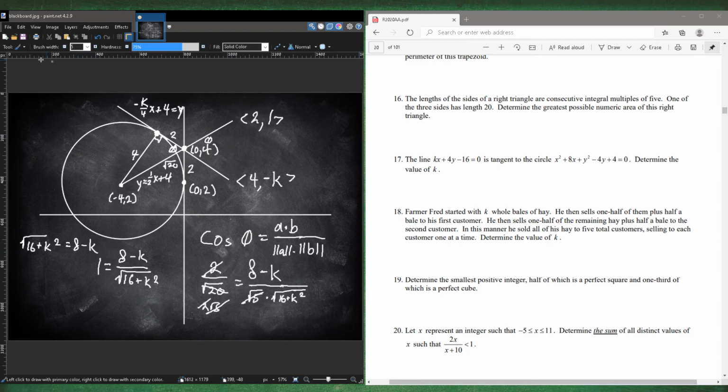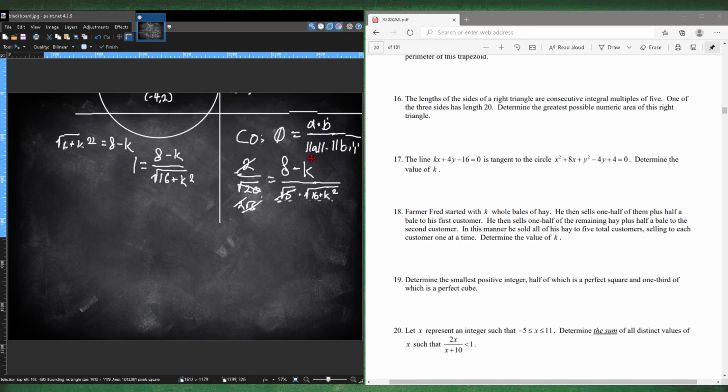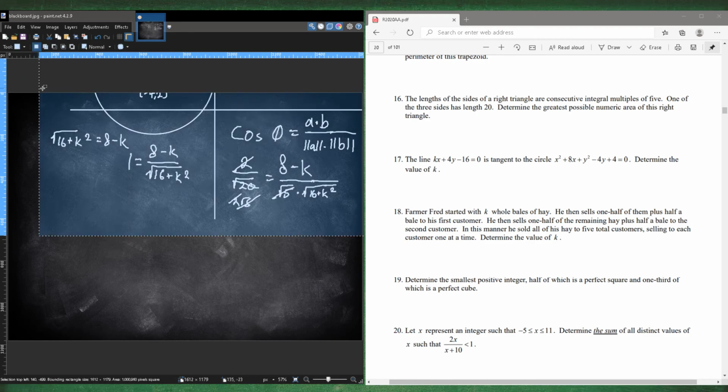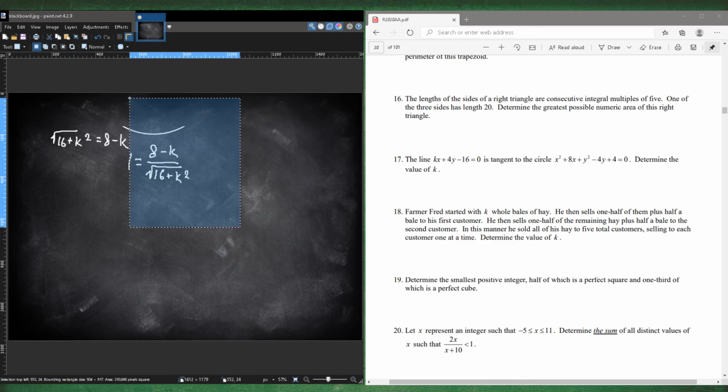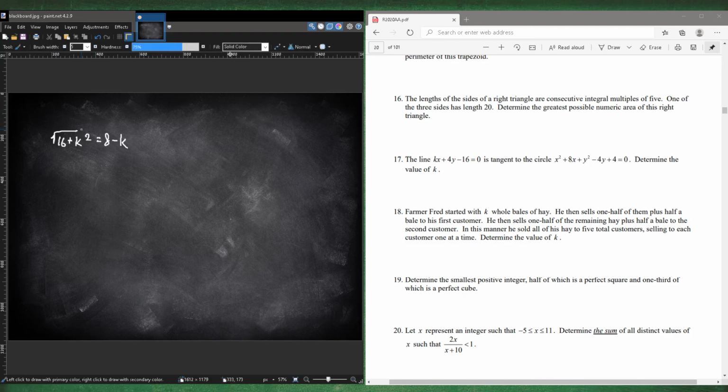And I'm just going to move this up because I need room to do some math. And we basically don't need the rest of the other things anymore anyways, so let's delete that. And now we could square both sides. So 16 plus k squared is equal to 64 minus 16k plus k squared.